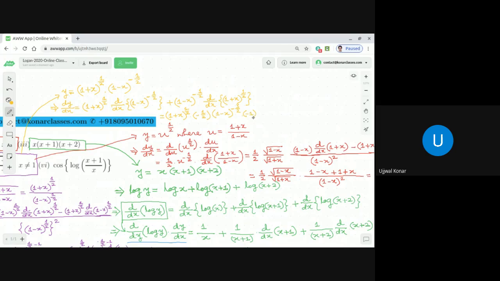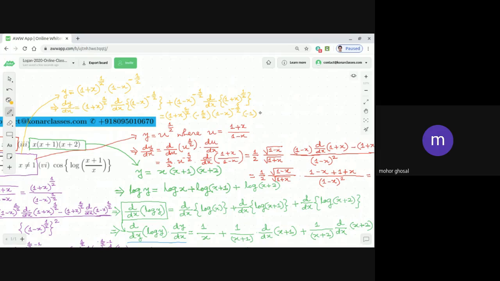Several steps I have done here. What I did: d/dx of (1 minus x) power minus 1 by 2, the minus 1 by 2 will come outside, then (1 minus x) power minus 1 by 2 minus 1, that is minus 3 by 2, into d/dx of (1 minus x). Function of functions or chain rule, the way you want to define it, correct?